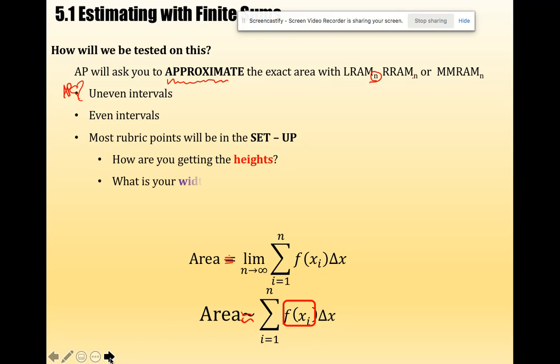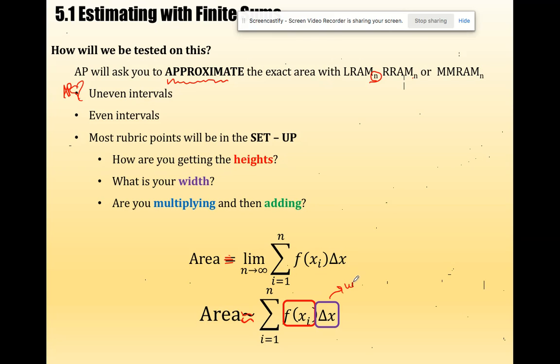So do you have the right function heights? Do you have the right widths? Again, is your width even or not? And are you multiplying all of those heights and widths together and then adding? And remember, if delta x is uniform, if it is the same, you can factor it out. You don't have to, though.